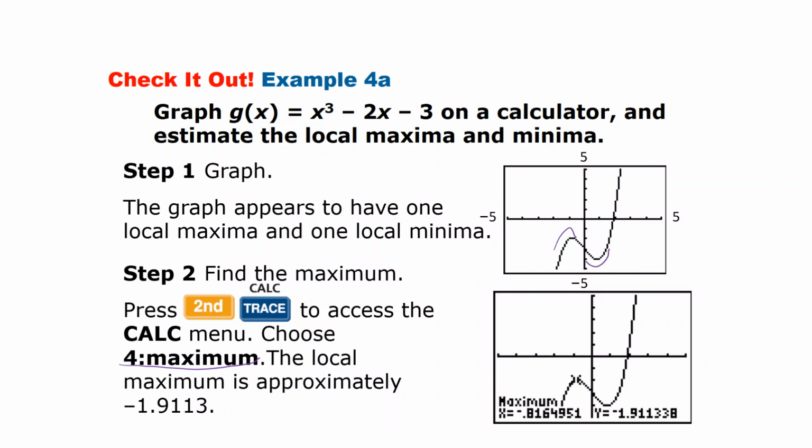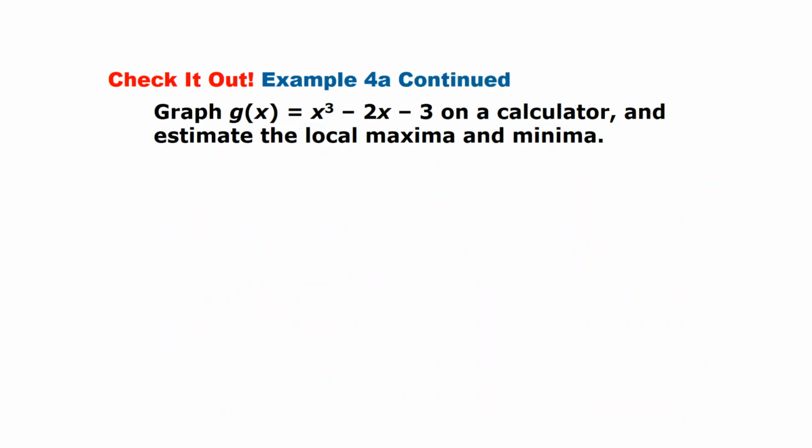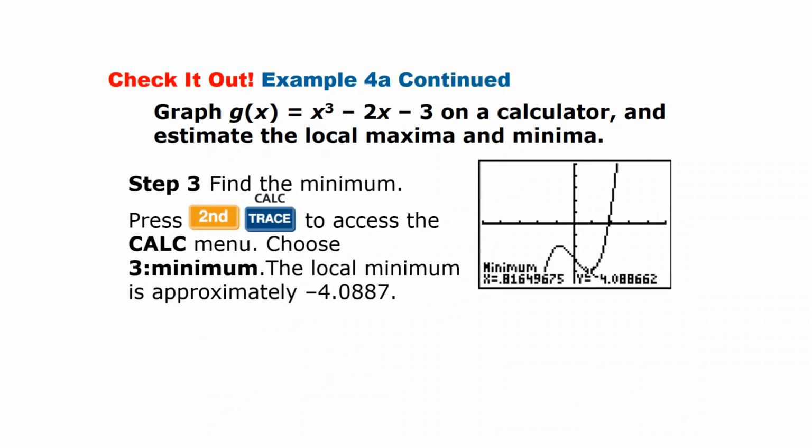You should have found that the maximum is at y equals negative 1.9, and that happens when x is negative 0.8. Then you should have found the minimum. Again, push second and trace, go to the calc menu, press 3, and the local minimum is approximately negative 4.0, and it can be found when x is 0.816.